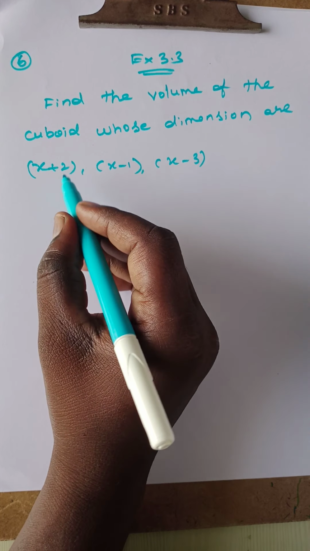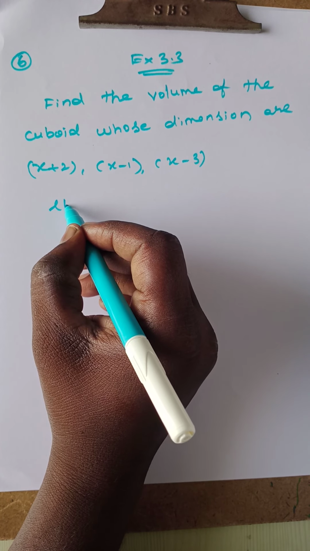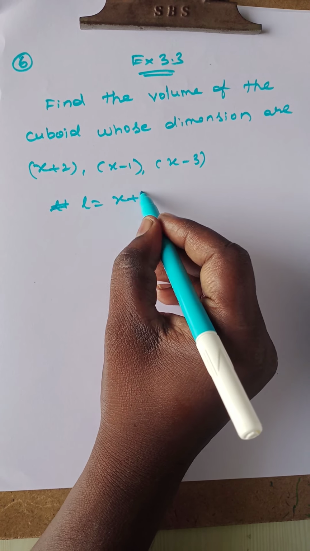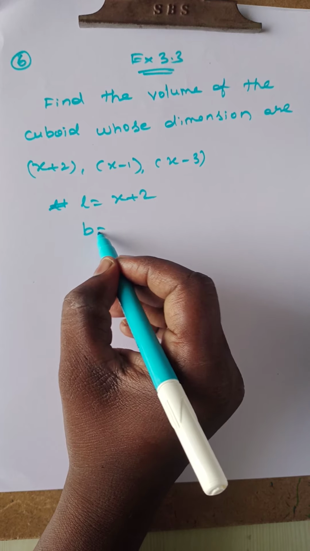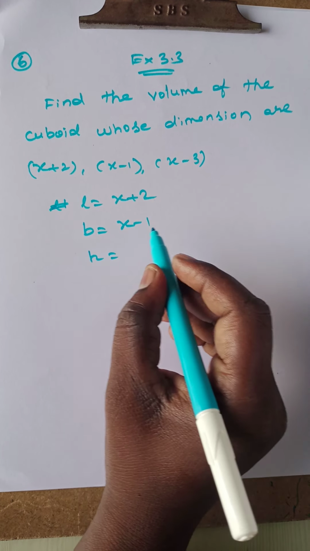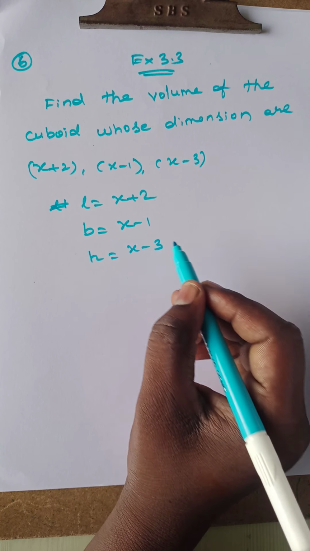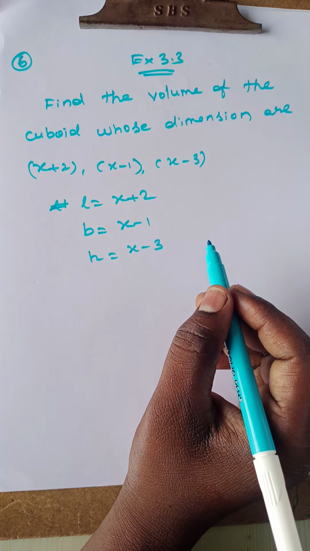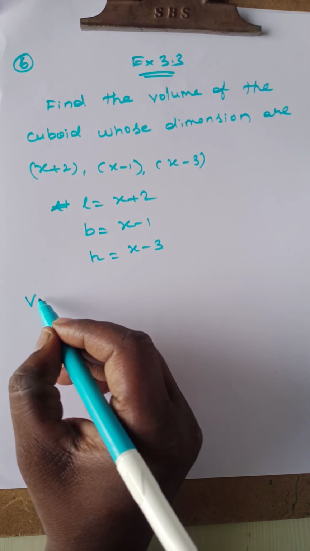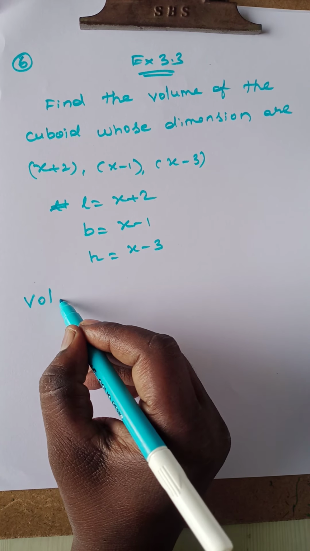So what is the given value? It is l equal to x plus 2, b equal to x minus 1, h equal to x minus 3. So what are they asking? Volume of cuboid.